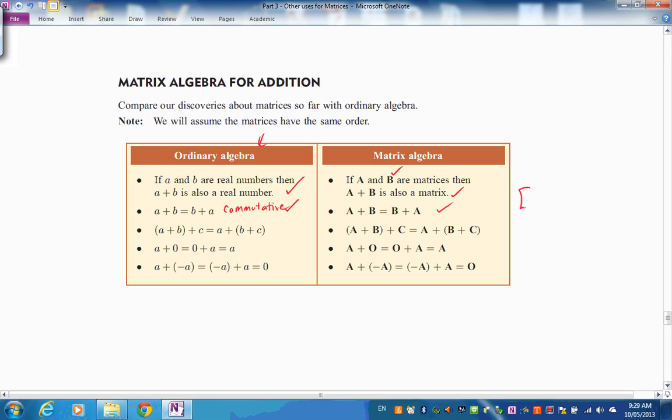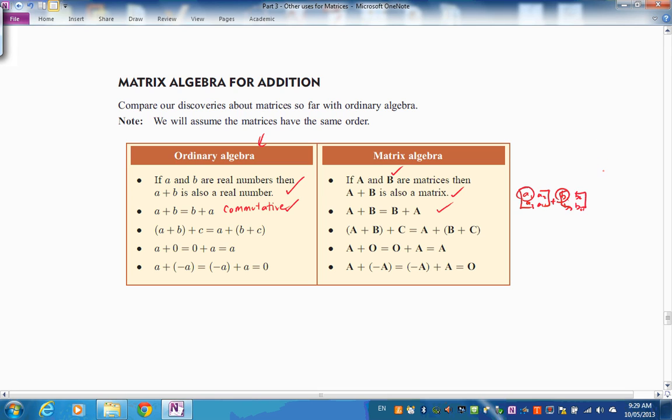Now, can you see why it doesn't matter? You have, let's say, A1, A2, A3, A4, B1, B2, B3, B4. When we add them, it's A1 plus B1.